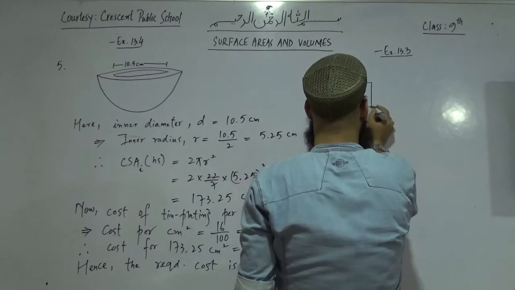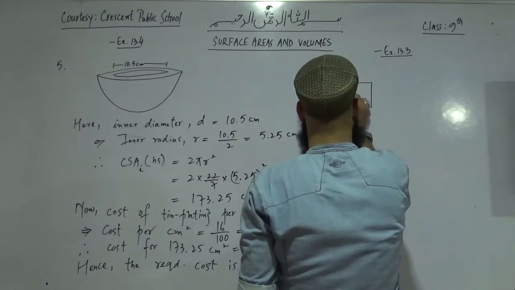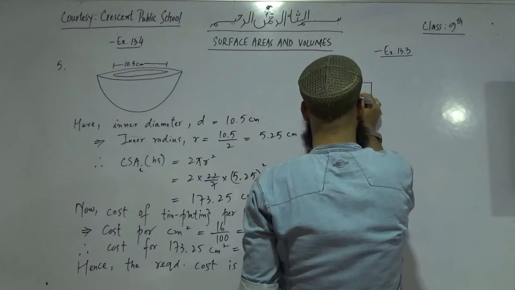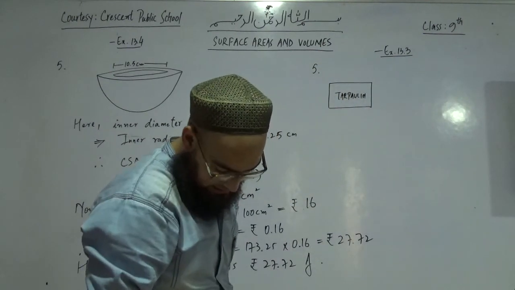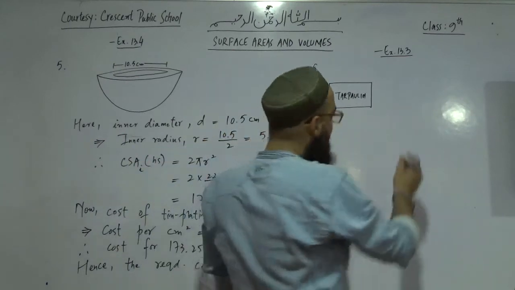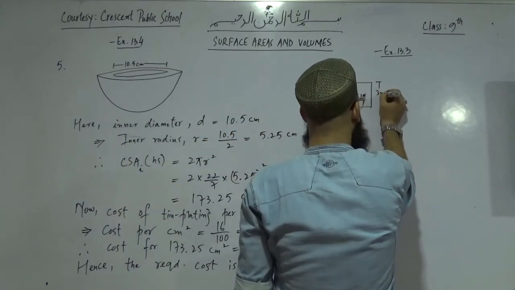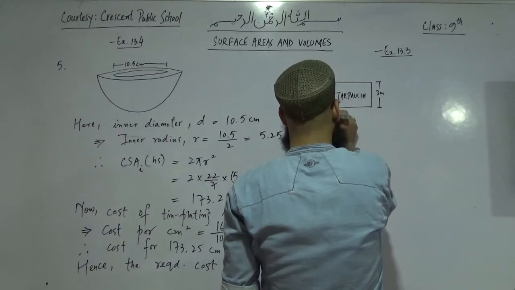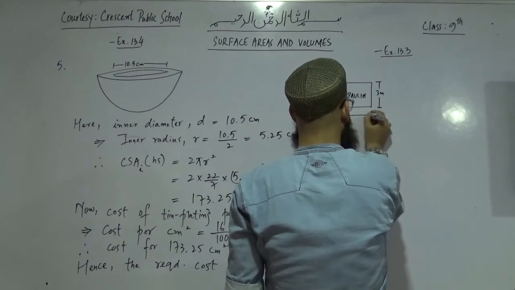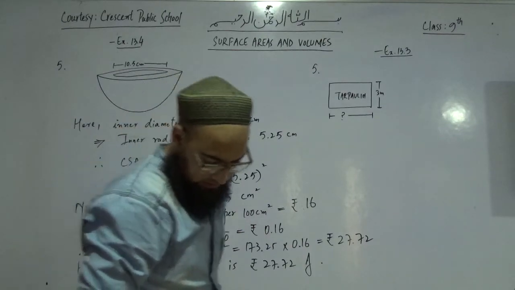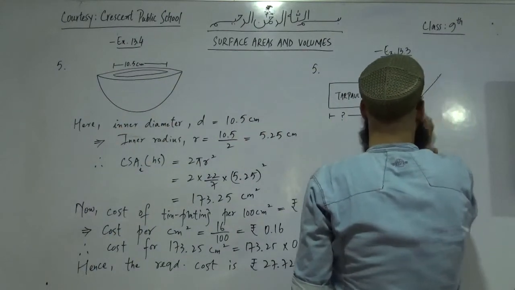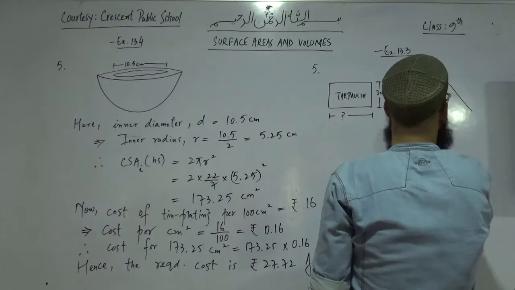There is tarpaulin, and tarpaulin has width 3 meter, and this is length of tarpaulin. You need to find this. To make a conical tent, you made a conical tent out of this.